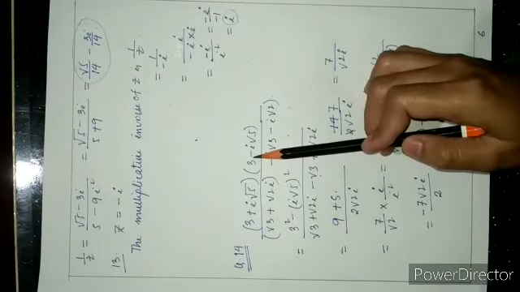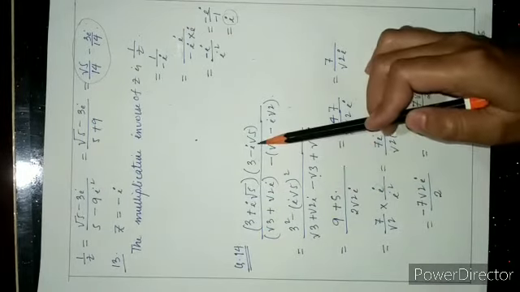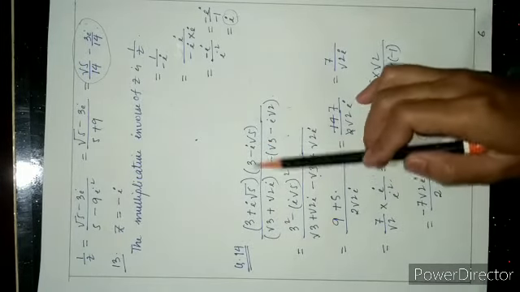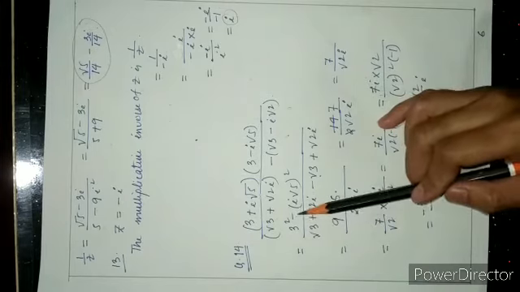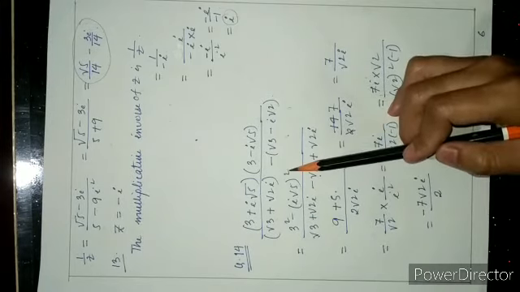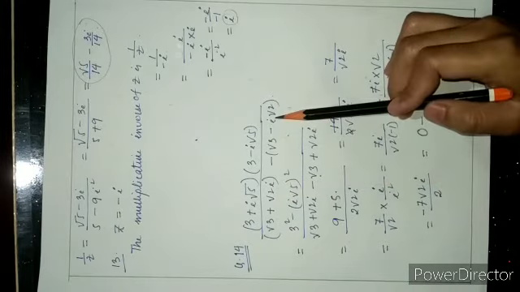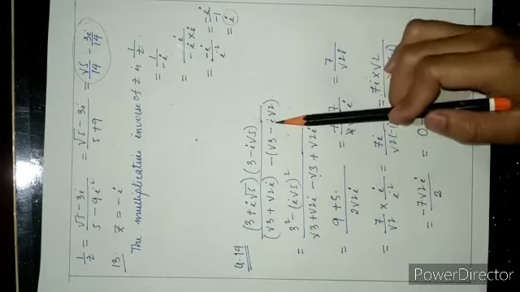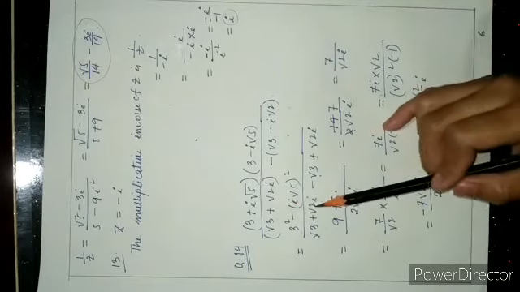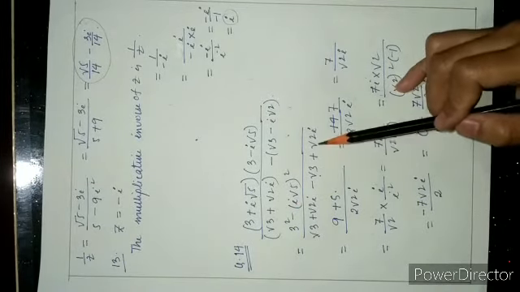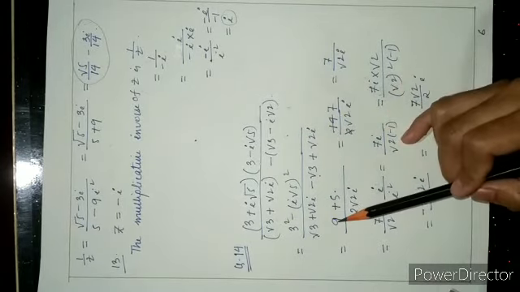The numerator is in the form of a plus b into a minus b, and it can be expressed as a square minus b square. So this expression is equal to 3 square minus i root over 5 whole square. In the denominator, first open the brackets: root 3 plus root 2i and minus root 3 minus minus plus root over 2i. 3 square is 9.